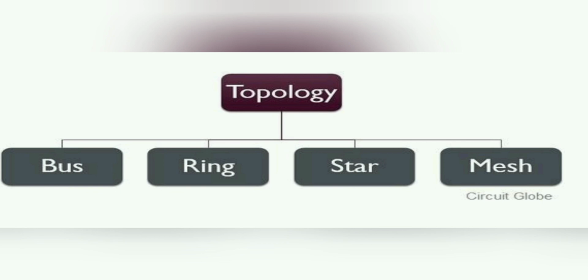So let us now move forward to understand the various topology configurations. Types of topology: a topology can be bus, ring, star, and mesh. Mesh we can say is like a circuit of a globe.